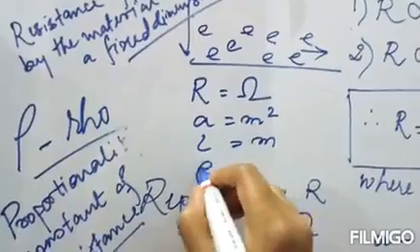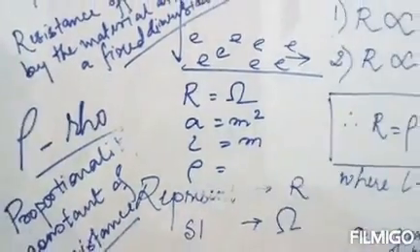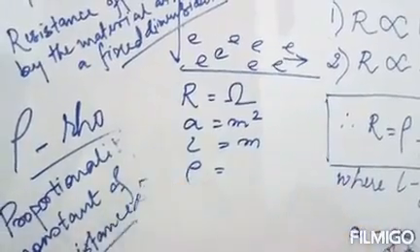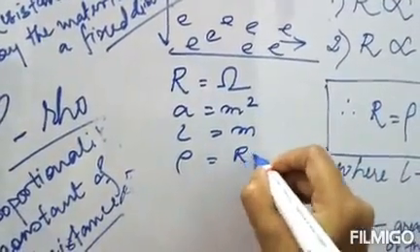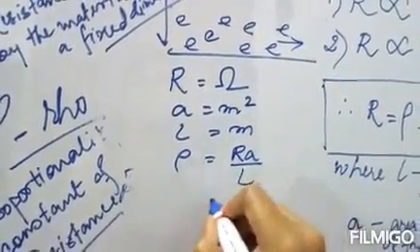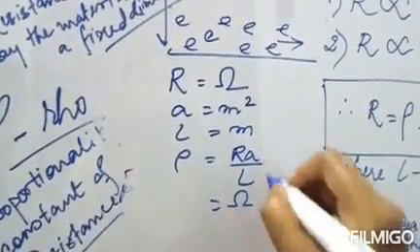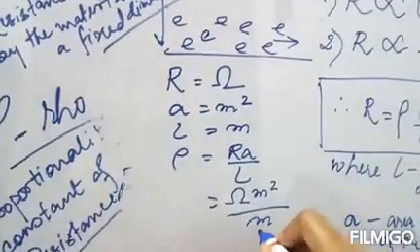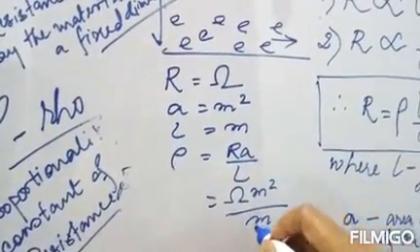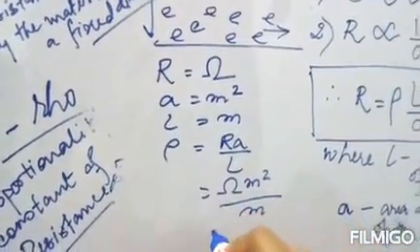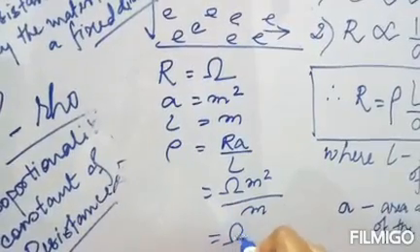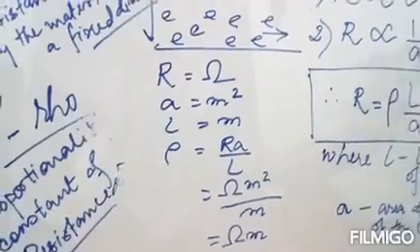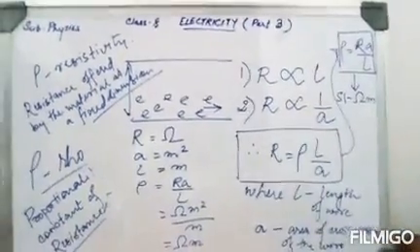So rho means RA by L. What is R? Ohm. What is A? M square. And what is L? M. Correct? So from here we can see it is ohm meter. Understood?